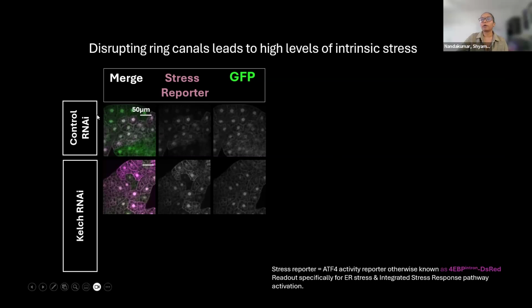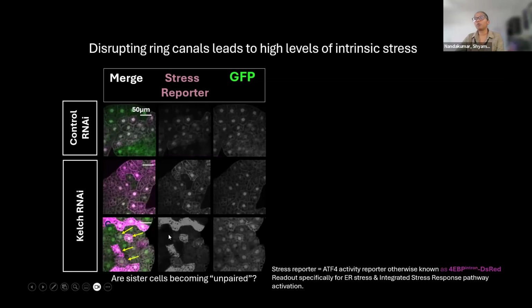And so when we knock down Kelch, we see a pretty robust upregulation of this stress reporter, which could be expected because you're knocking down an E3 ubiquitin ligase. But what's more interesting is that in certain outlier cells, we see disparate levels of stress reporter expression between sister cells.